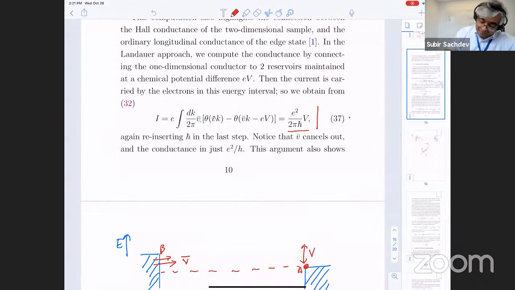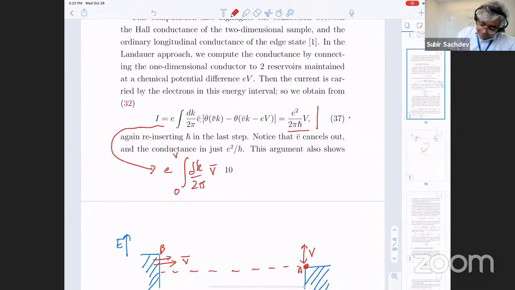Okay, if you want one more step, this is the integral of E times dk over 2 pi times the current, which is E times V bar, but this goes from 0 to the voltage divided by V. And that just gives you E squared over 2 pi times V, forgetting the h bar.